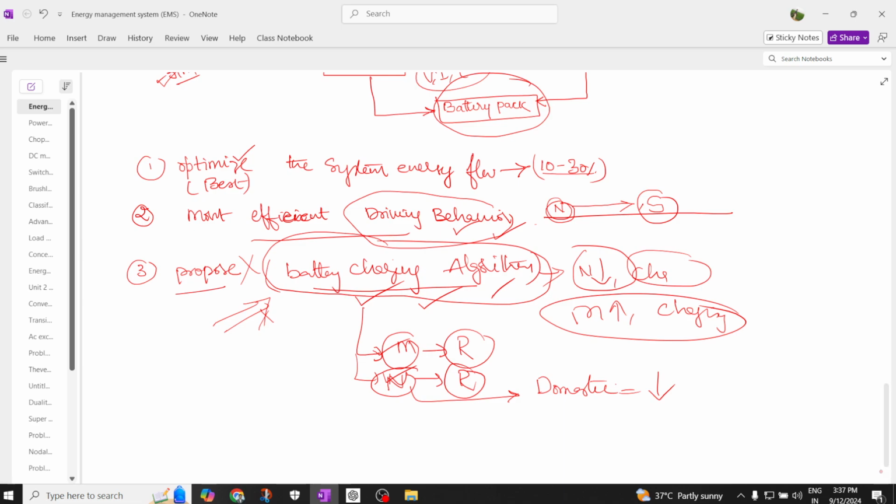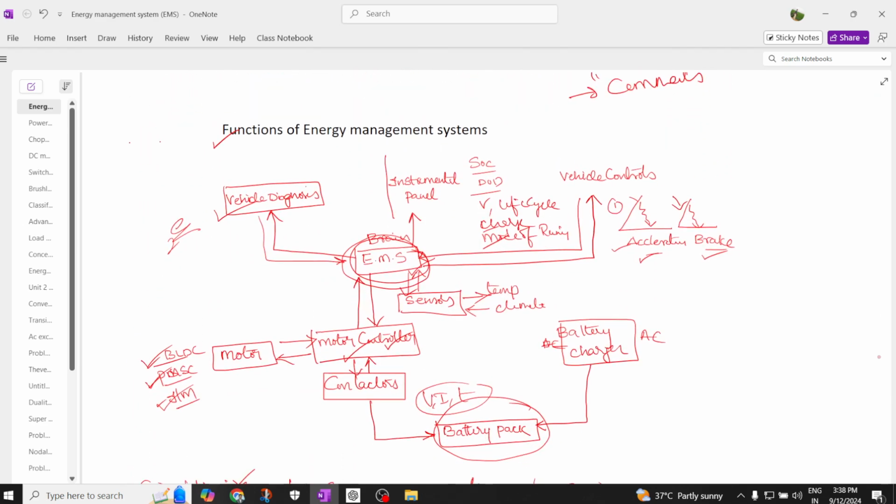And it directs us to use the regenerative braking energy. We have already discussed this regenerative braking energy. The energy management system will direct us to use regenerative energy from braking and to receive energy from the battery. Previously the motor was acting like a motor on a positive gradient, I mean on the ghat road.